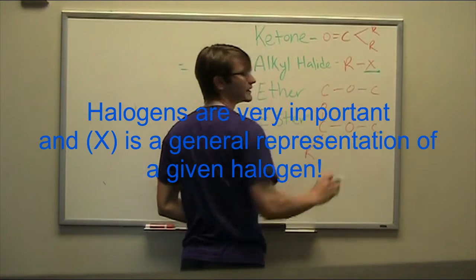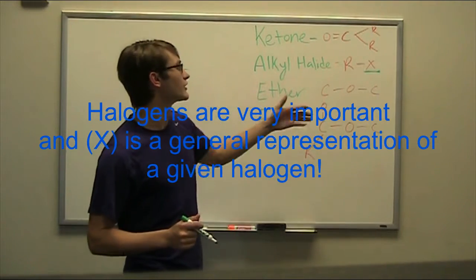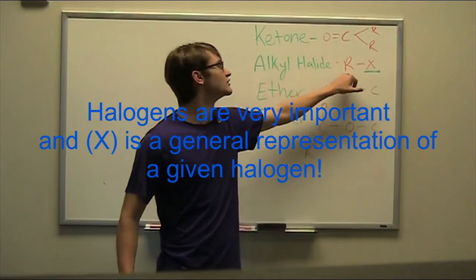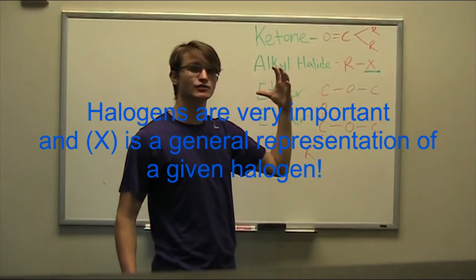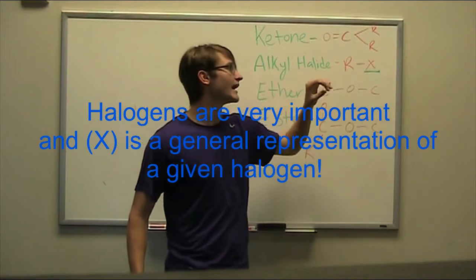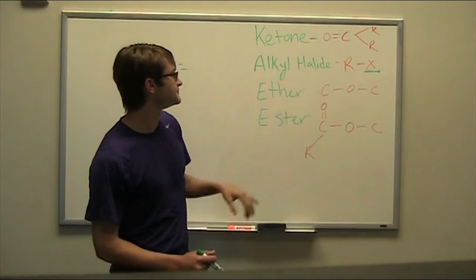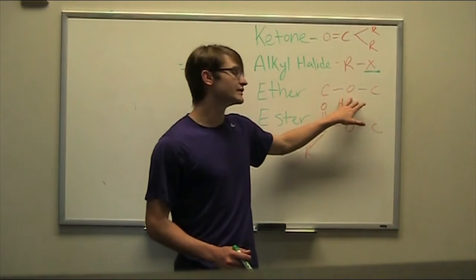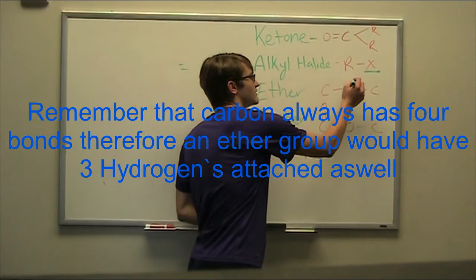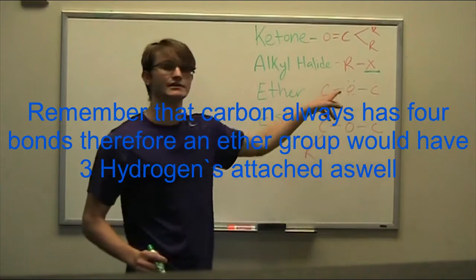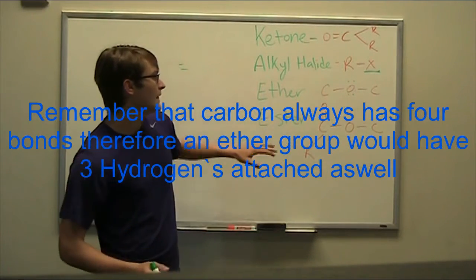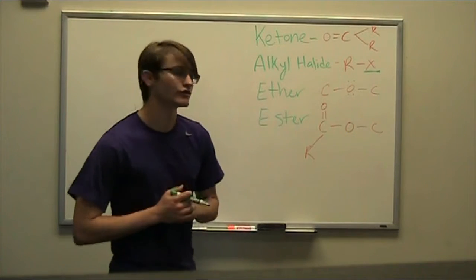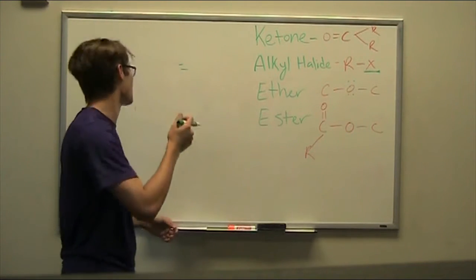Halogens are symbolized as an X. So you've got the R group, which is everything attached, as we just talked about, and then X is a halogen, that's an alkyl halide. An ether group is a carbon and another carbon with an oxygen in between. The oxygen is oftentimes satisfied with its lone pairs. An ester is an ether with a carbonyl and a single R group. So these you need to memorize.